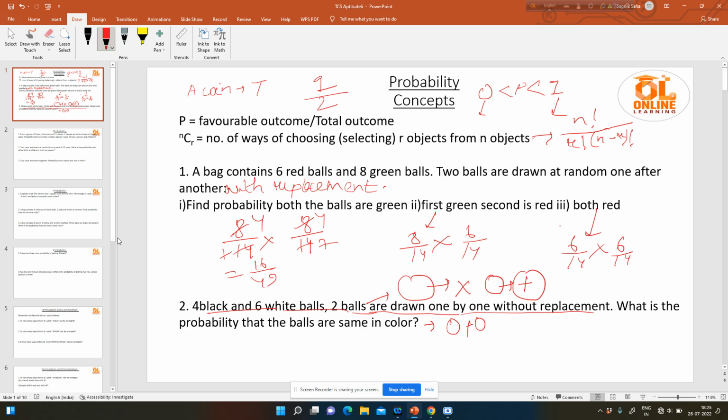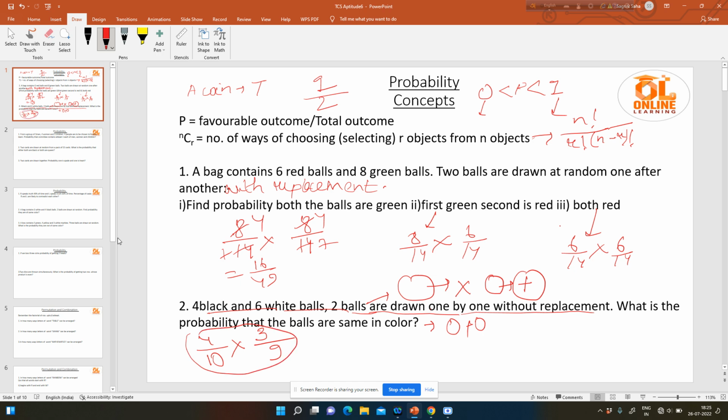So here let us first consider the black balls. How many black balls are there? 4 upon total balls 10, into one black ball we got, so we will keep that black ball aside. Now how many total balls are left? 9. How many black balls are left? 3. So this is the probability of black.